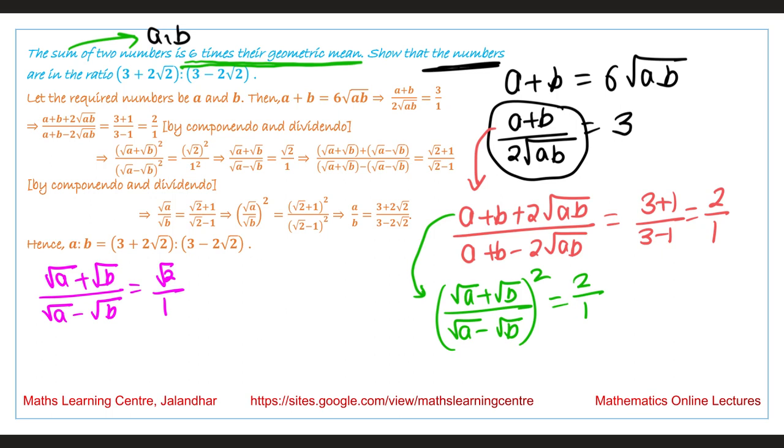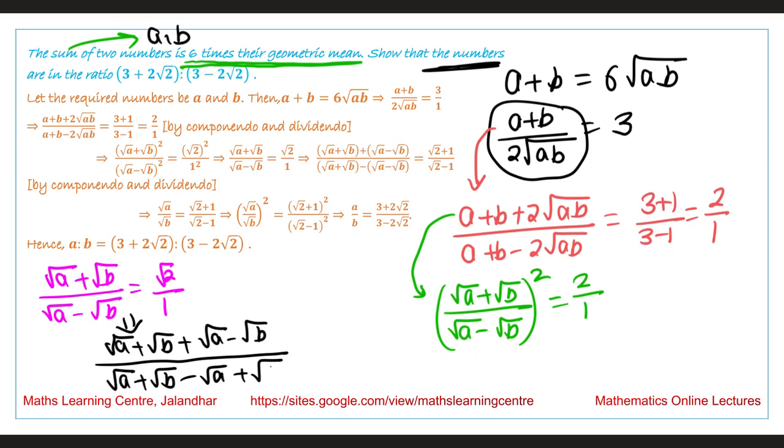Now again applying componendo dividendo, we obtain (square root of a plus square root of b plus square root of a minus square root of b) divided by (square root of a plus square root of b minus square root of a plus square root of b) is equal to (square root of 2 plus 1) over (square root of 2 minus 1).